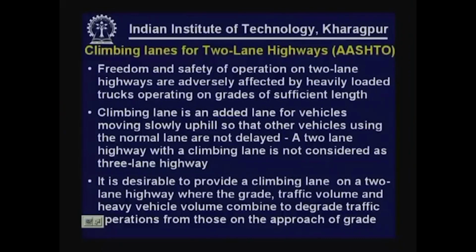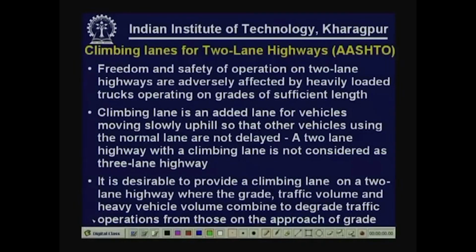So, let us see now: freedom and safety of operation on two-lane highways are adversely affected by heavily loaded trucks operating on grades of sufficient length. Remember that we are referring to the freedom of movement and also the safety.